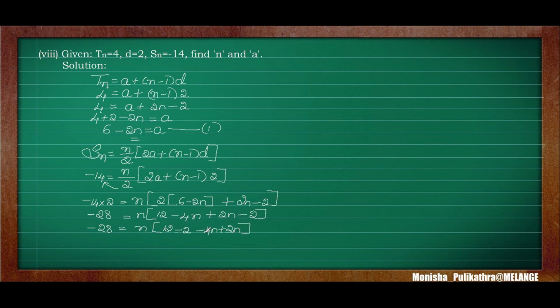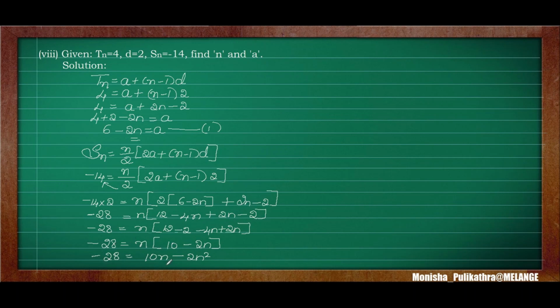So the terms with variables have to be grouped separately and only numbers should be grouped separately. Okay. So minus 28 is equal to n into 12 minus 2 is 10, minus 4n plus 2n is minus 2n. Okay. Next, minus 28 is equal to n into 10 is 10n, minus n into 2n is 2n square.